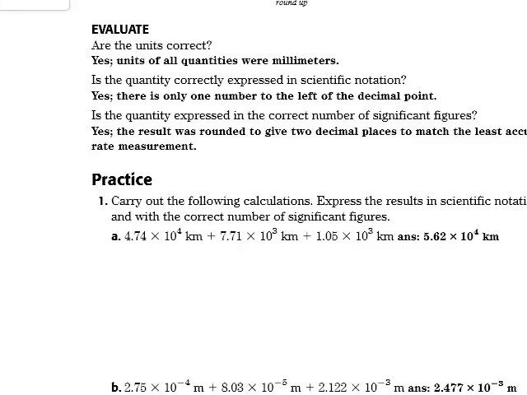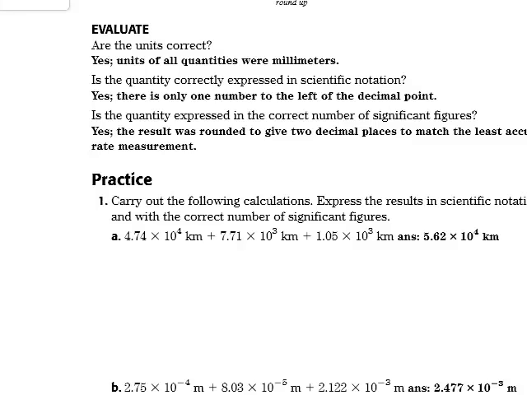Who got some crazy number? Okay, so obviously everybody put their statement in parentheses. Because if you just go straight across, 4.74 times 10 to the 4th, oh, it goes wacko. So you have to put that statement in parentheses to get it to work.